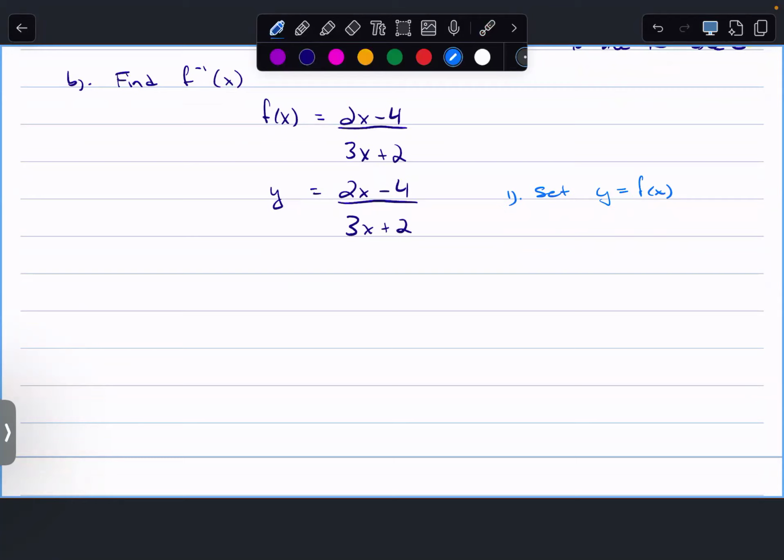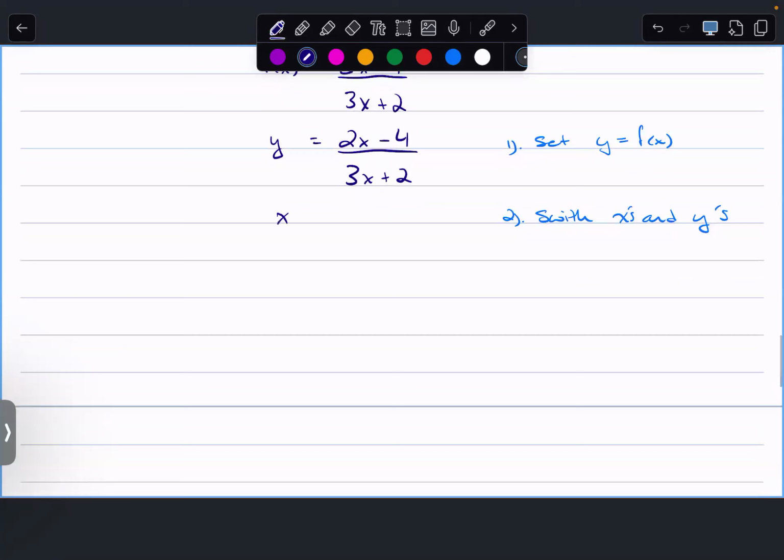And so step 2, switch x's and y's, which means x is 2y minus 4 over 3y plus 2. And then solve for y.